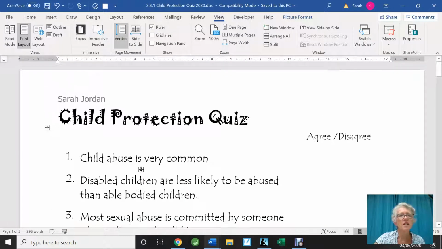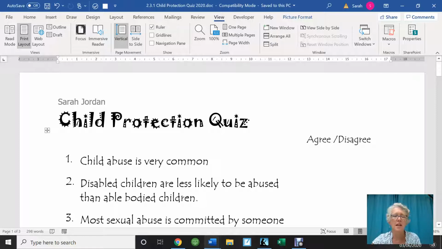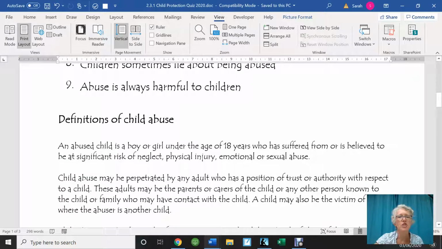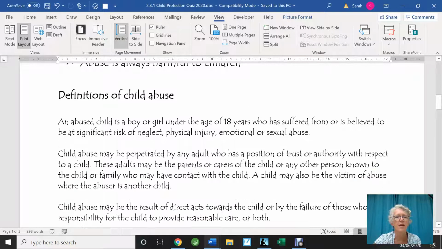Okay, so I've started the child protection section with a quiz for you. You can type in here whether you agree or disagree with each statement. There isn't a right or wrong answer. It's just to get you thinking. But let's have a look at the definitions of child abuse down here. It says, an abused child is a boy or girl under the age of 18 years.